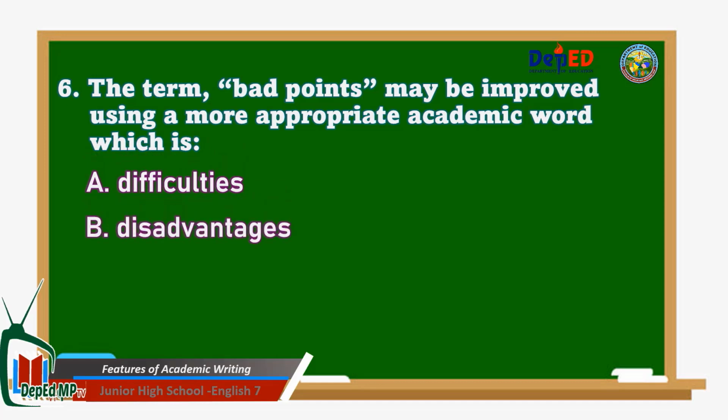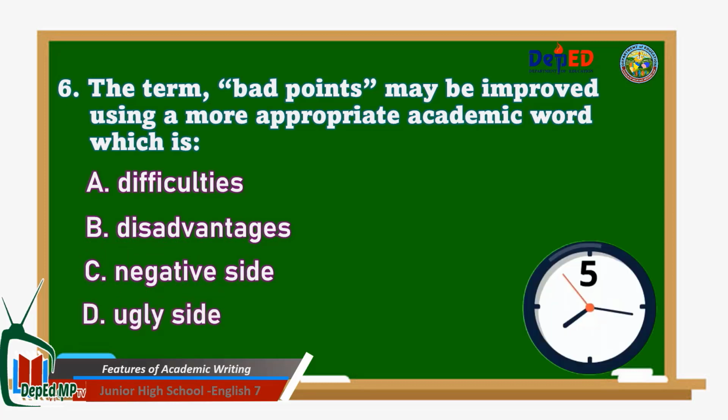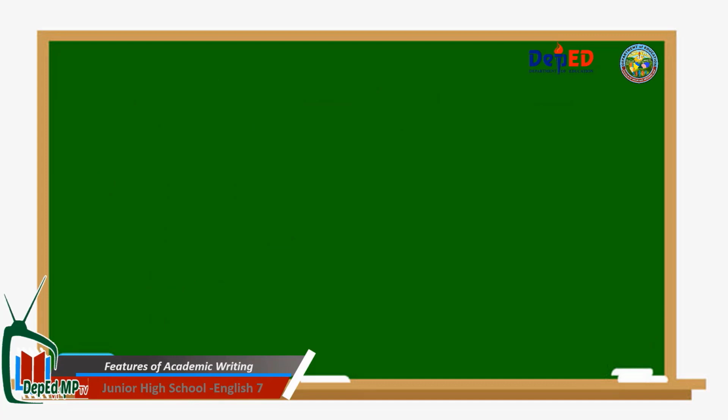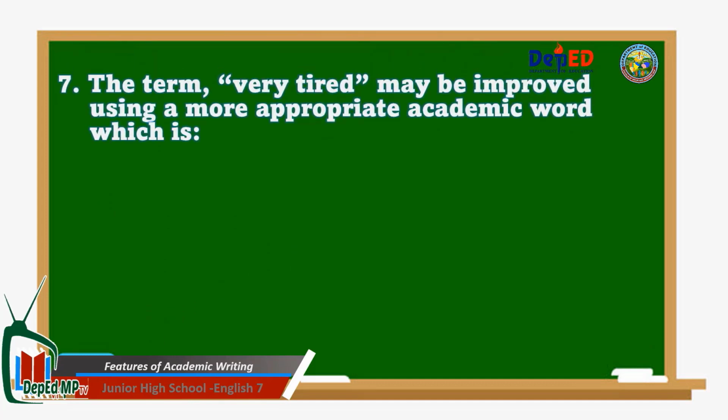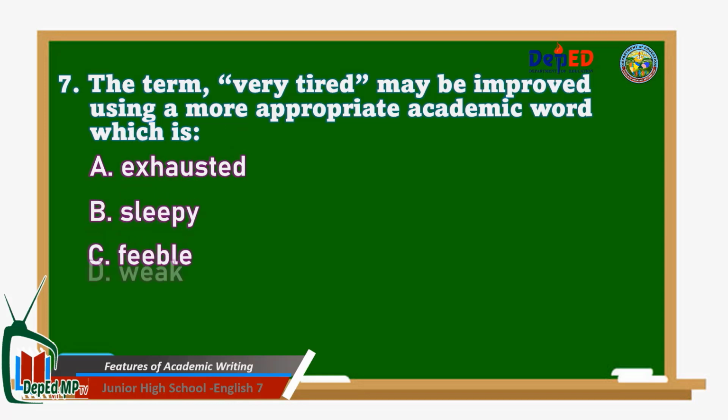B. Disadvantages. C. Negative side. D. Ugly side. 7. The term very tired may be improved using a more appropriate academic word, which is A. Exhausted. B. Sleepy. C. Feeble. D. Weak.